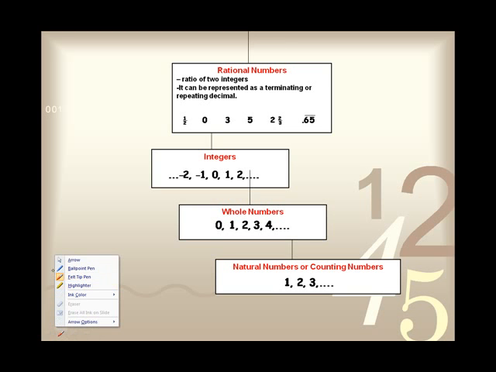Now, while some of you are catching up on taking down notes, today you're going to have a worksheet that will help you practice the different types of numbers. And at the top of that worksheet, you'll see that there are symbols for each of the different sets of numbers. It's kind of cool if you could remember this stuff, but it really isn't necessary.